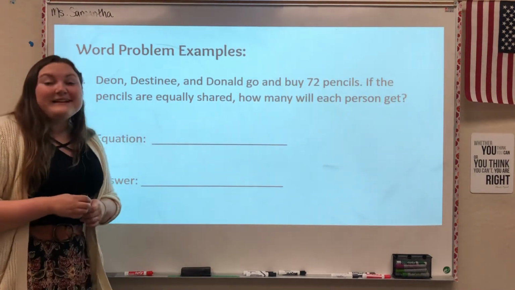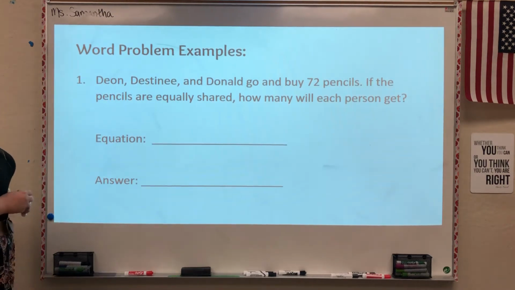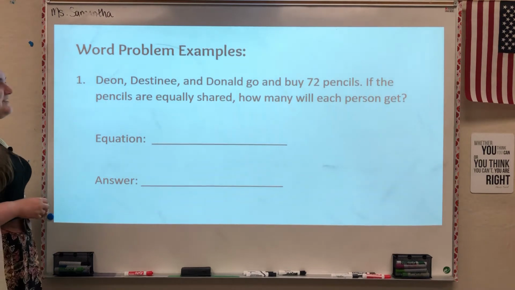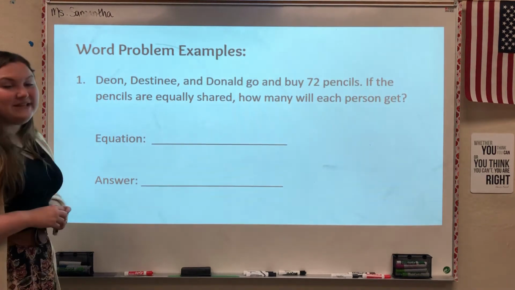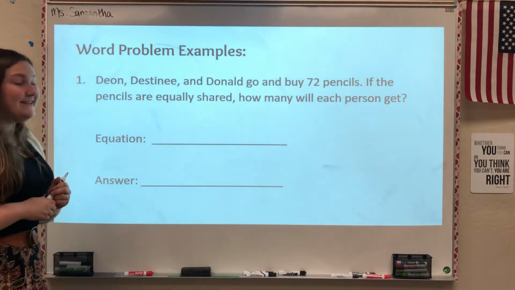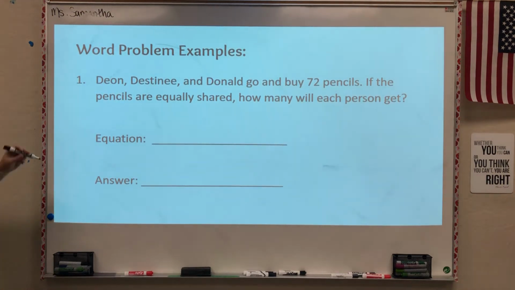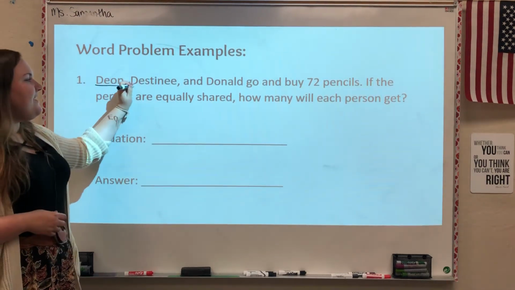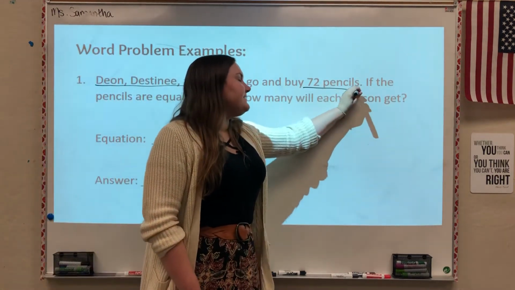So I've got 3 examples we're going to look at. In this first one, we've got Dion, Destiny, and Donald go and buy 72 pencils. If the pencils are equally shared, how many will each person get? Now, if I were a student and reading through this, I like to underline the important information. They told us Dion, Destiny, and Donald are buying 72 pencils.